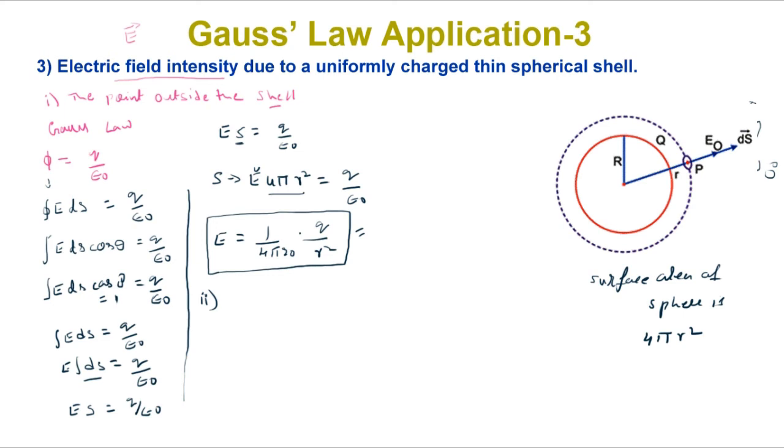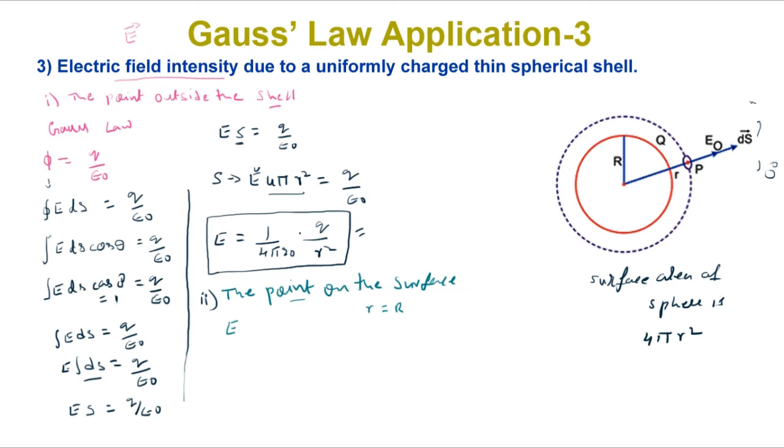The second target is the point on the surface. Have you understood? A point on the surface means here, where the radius is capital R. We already derived the formula above, so I will take that formula, and before that I put one condition: small r is equal to capital R, because we are on the surface.